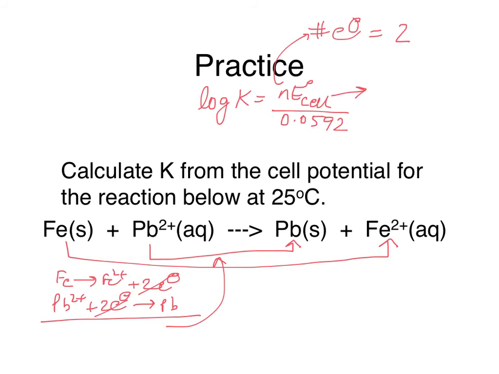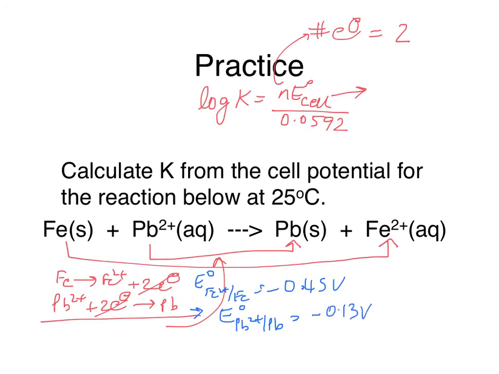In my table, I'm looking at Fe2 plus, and the reduction potential E0 for Fe2 plus to Fe is given to be minus 0.45 volts, and for lead, Pb2 plus to Pb, that value is given to be negative 0.13 volts.